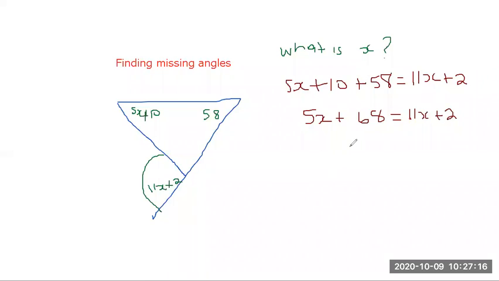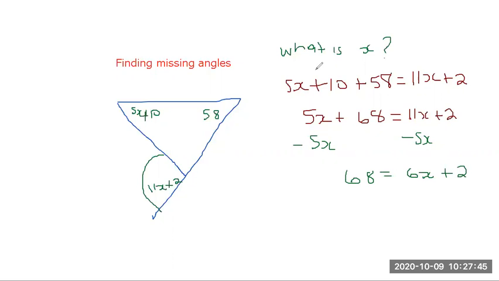So as always, the goal is to get x's on one side and everything else on the other side. In this case, I'm going to put my x's on the right side. Because why not? We've never done it that way really. So I'm going to minus 5x. Minus 5x. Your answer should still be the same. So we're left with 68 is equal to 6x plus 2.